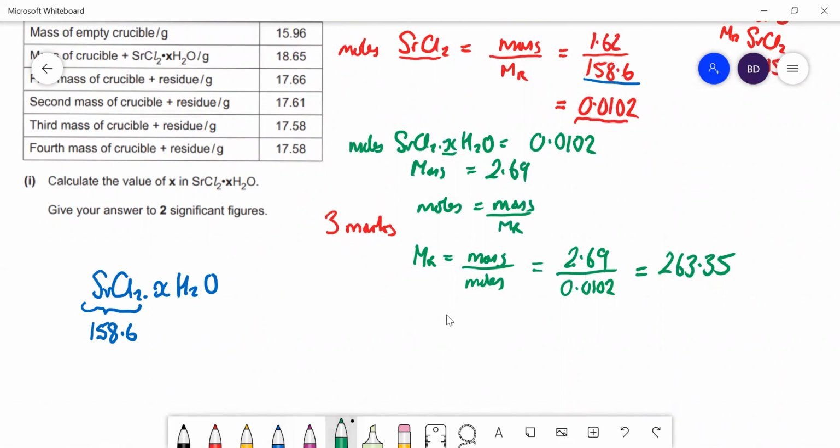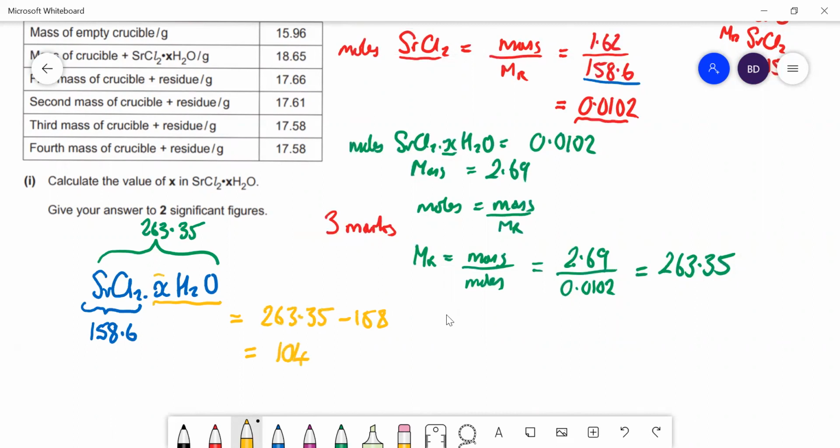We know that the MR of the whole thing is 263.35. So the mass of the waters in it, the XH2O, that's going to be equal to 263.35 minus 158. That gives us 104.